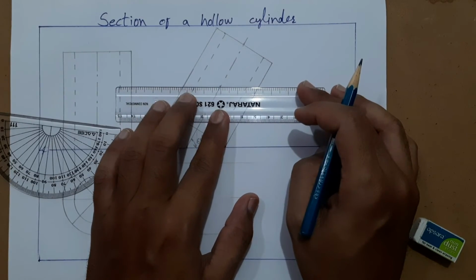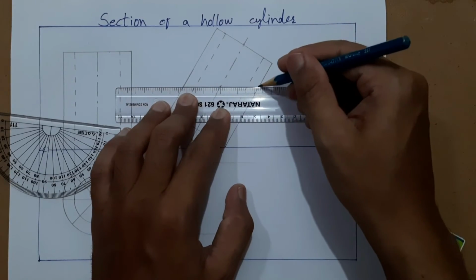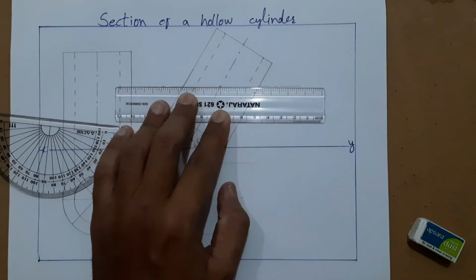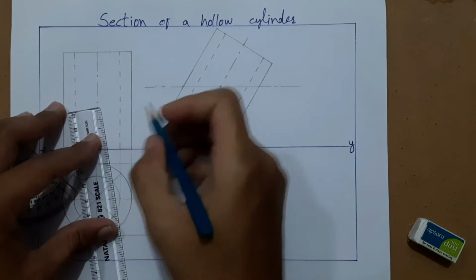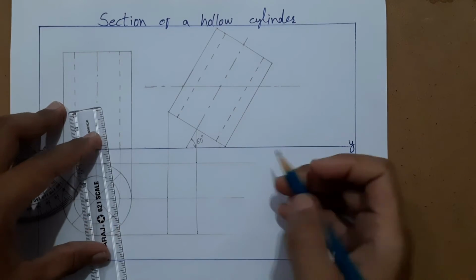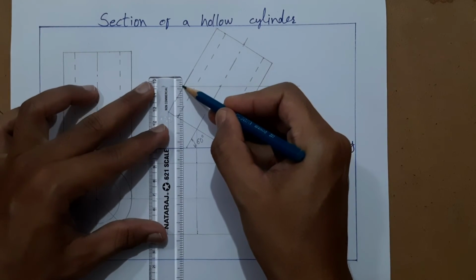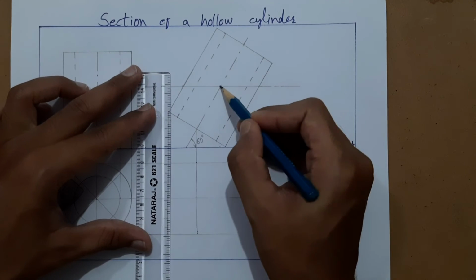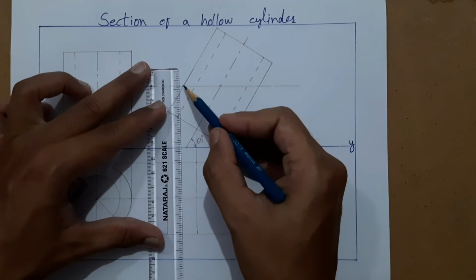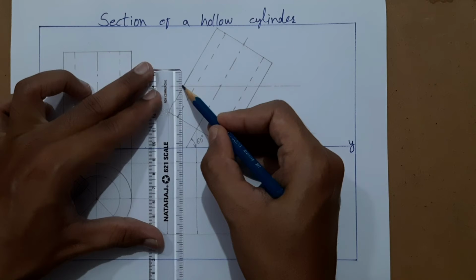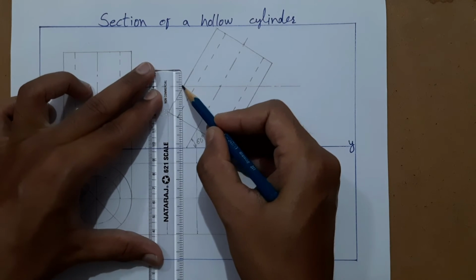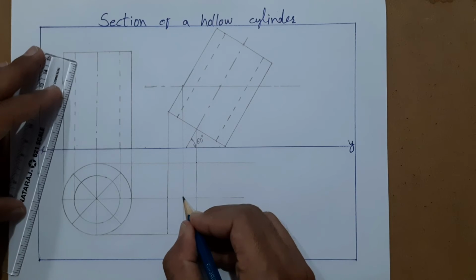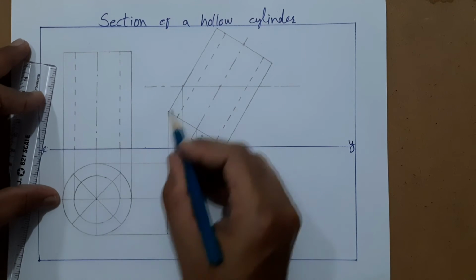Outside the diagram, you can continue with the axis line, that is called a chain line. Okay, now project this and stop here.